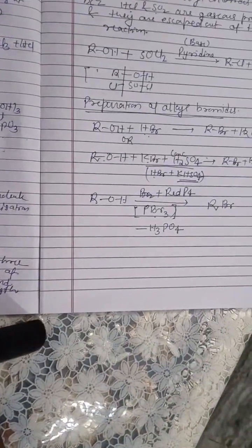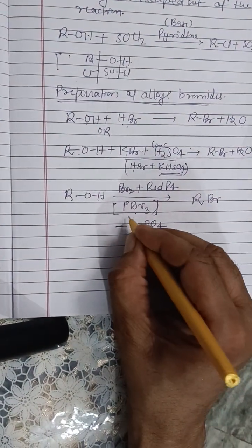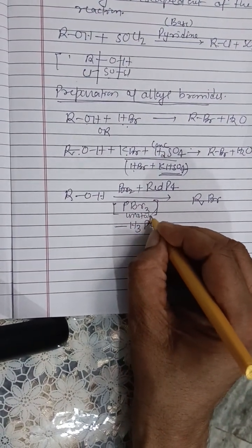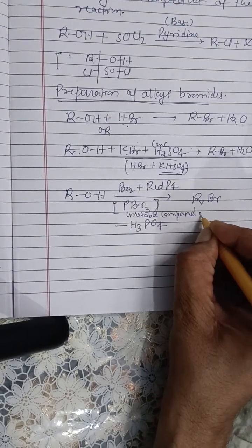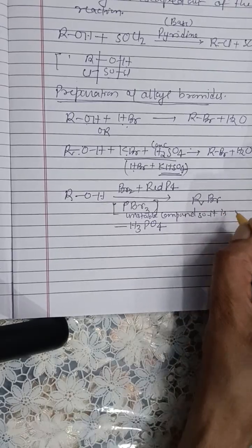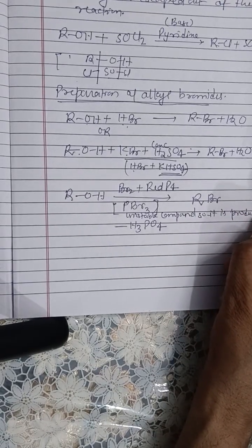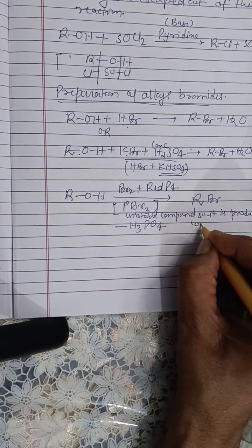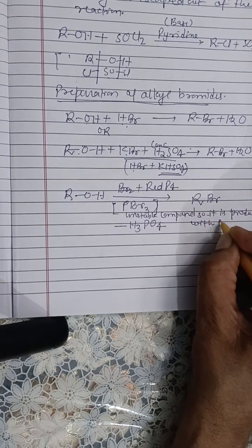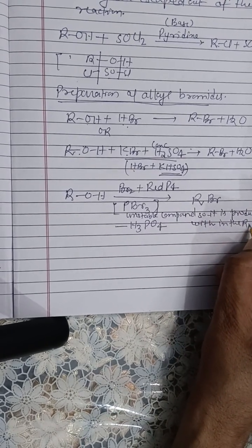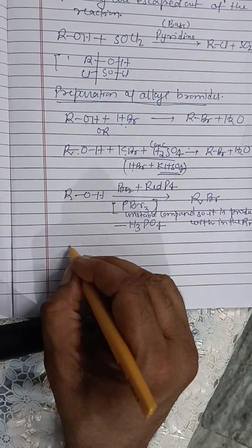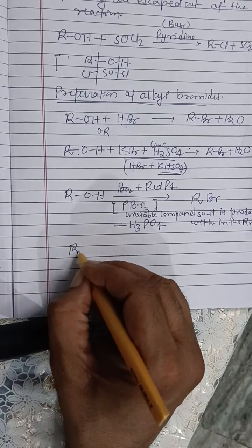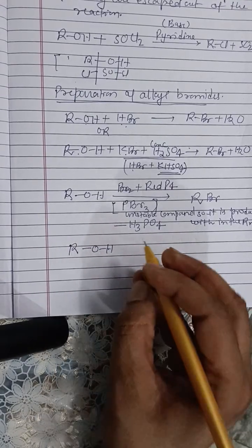Because this PBr3 is an unstable compound, it is produced within the reaction. Isn't it?